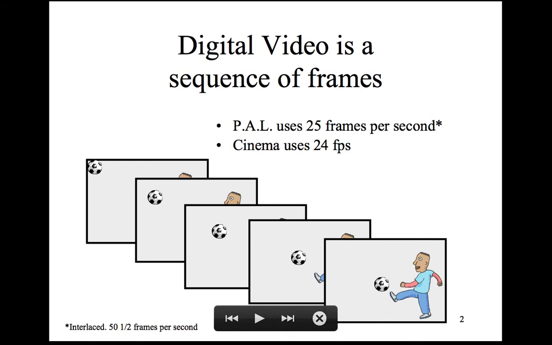So the old analog system used in Europe, but not France, was called PAL, P-A-L. And that used 25 frames per second. Kind of. A bit more complex than that. And cinema, for example, uses 24 frames per second.